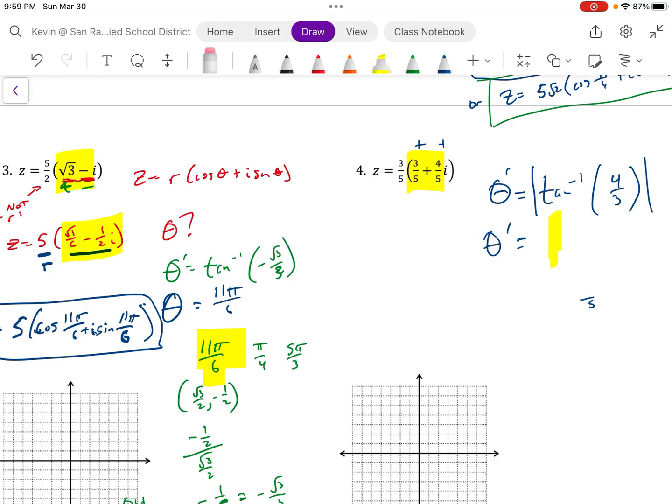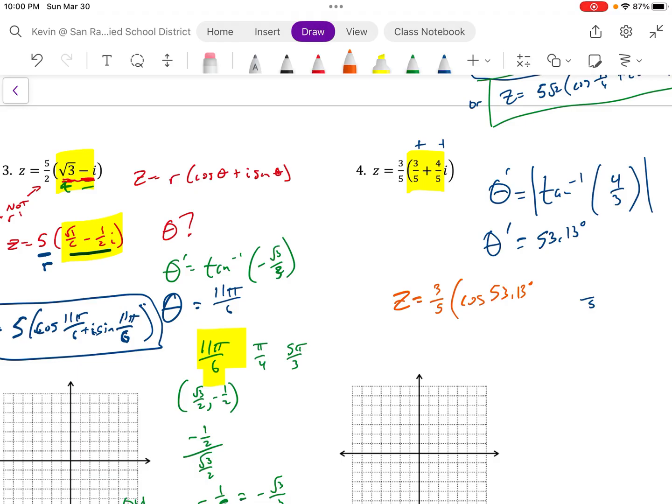Theta equals 53.13 degrees. So Z equals 3/5 cosine of 53.13 degrees.